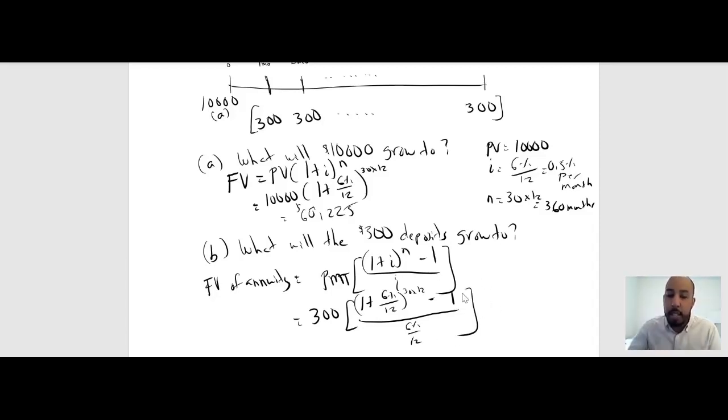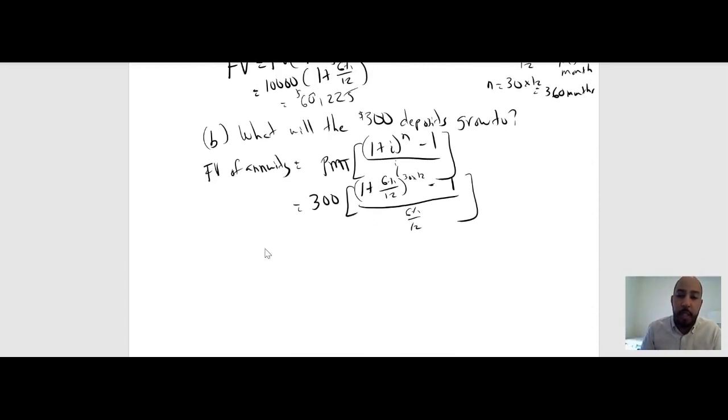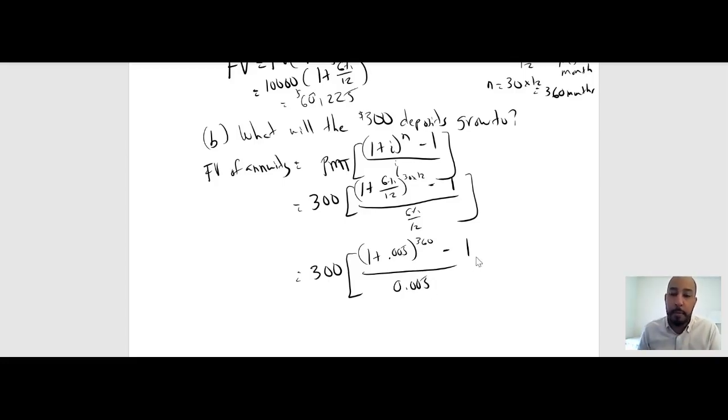I'll rewrite it so it's a little more clear. So 300 times 1.005 raised to 360, minus 1, over 0.5%.